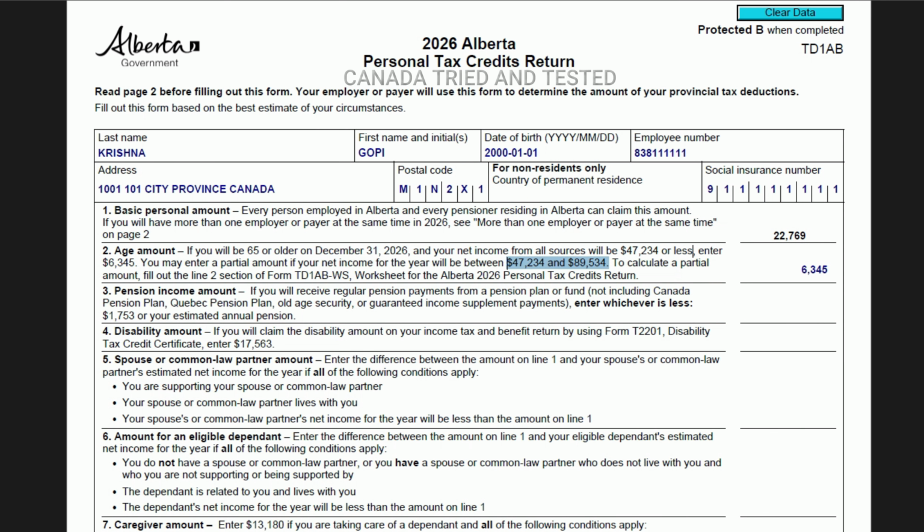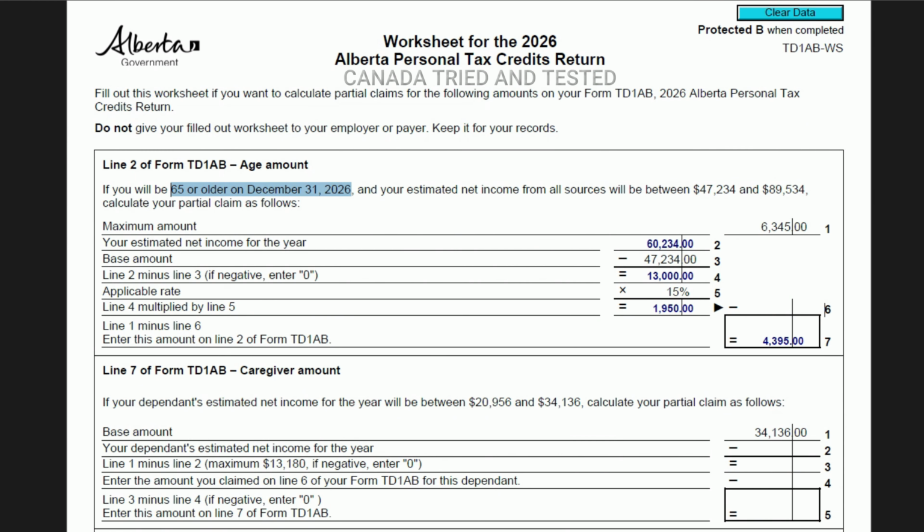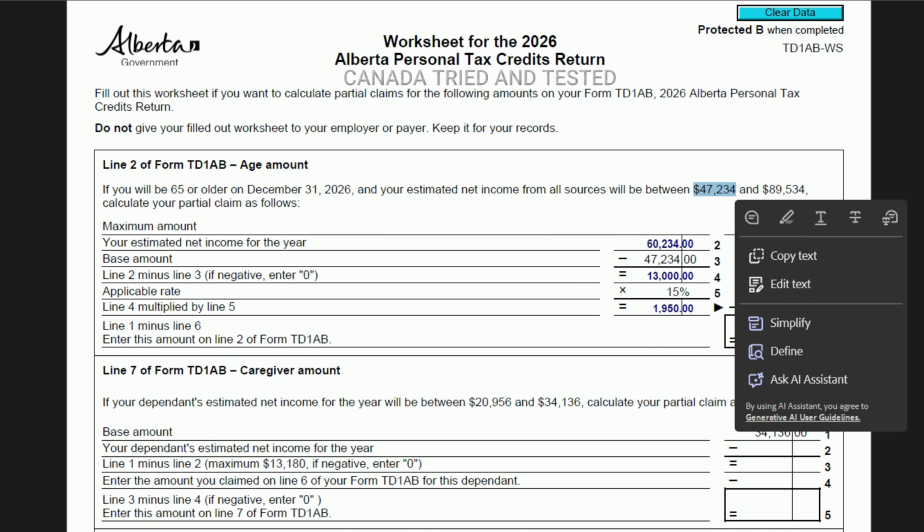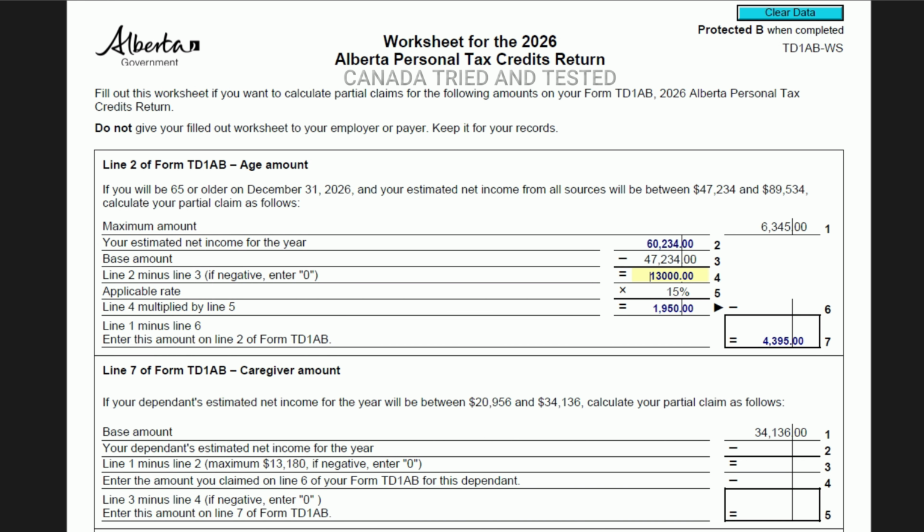For example, as a 65 year or older, as on December 31st, 2026, say you have a net income of 60,234. I'm just giving an example for ease of understanding. So this will get minus 47,234. This is the amount shown here, entered by default. When you subtract these two, you get 13,000.